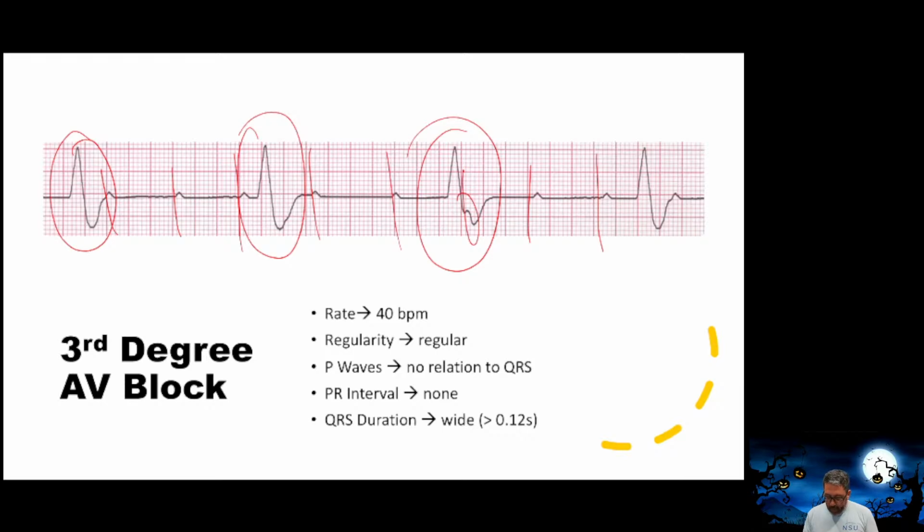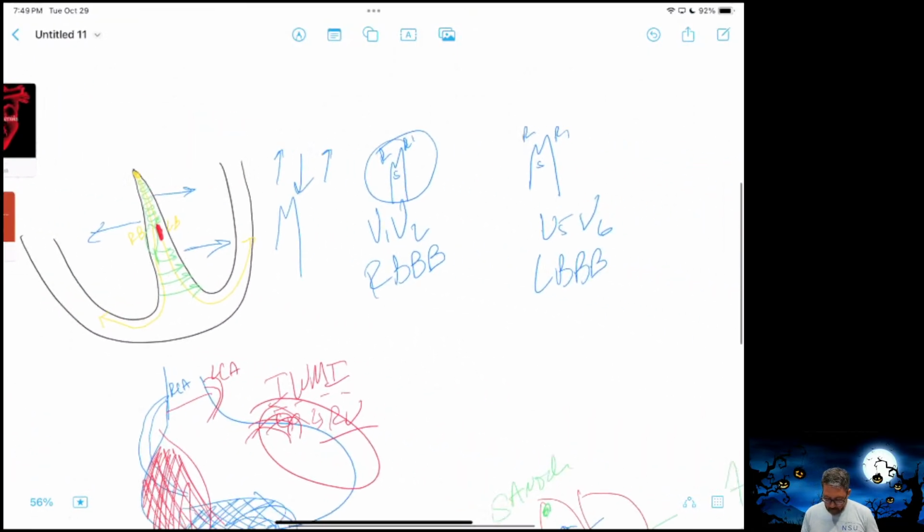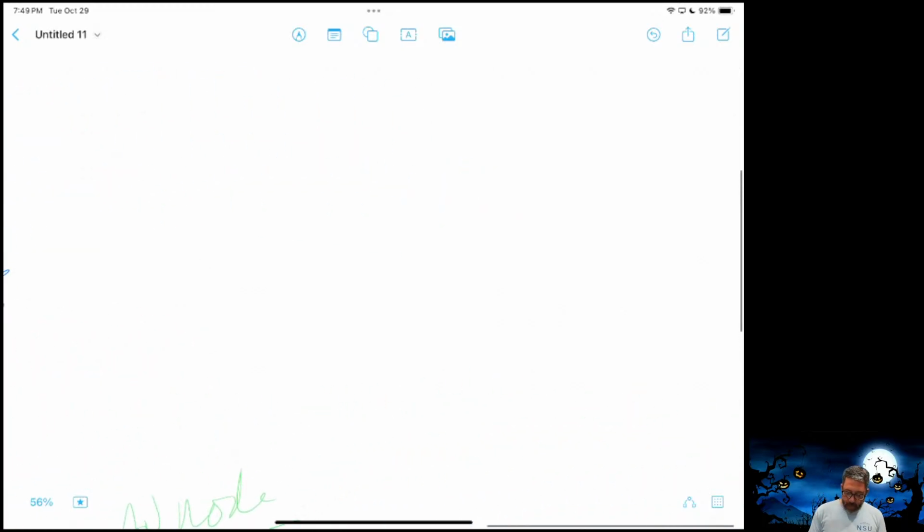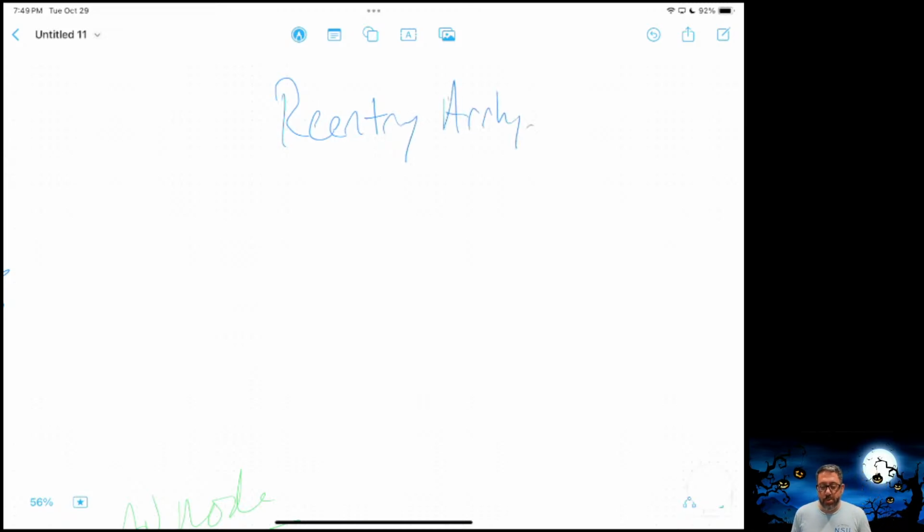AVRT and WPW. So they are both re-entry arrhythmias. Okay, which means there has to be an accessory pathway, something allowing conduction to go from top to bottom.